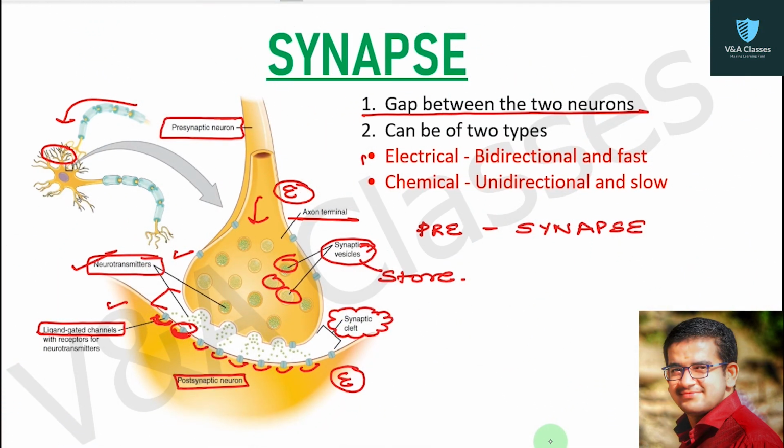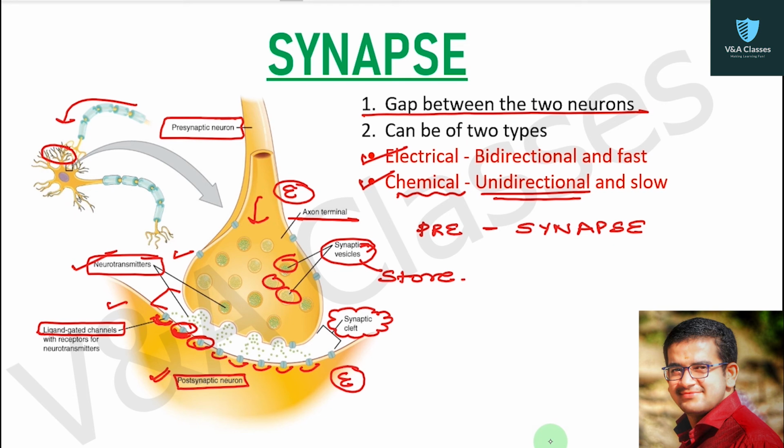The first type is called the electrical synapse and the second type is called the chemical synapse. Here in the diagram, it is representing a chemical synapse. What is the difference between the two synapses? The chemical synapse is unidirectional. As we just studied, the impulse will get transmitted from a presynaptic to a postsynaptic because the postsynaptic has these receptors for neurotransmitter.